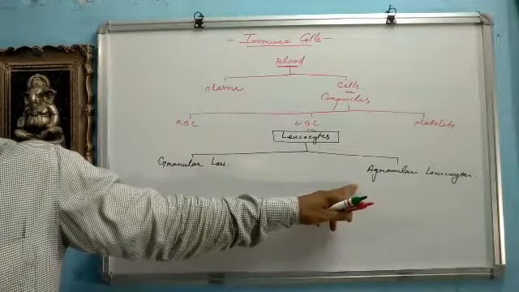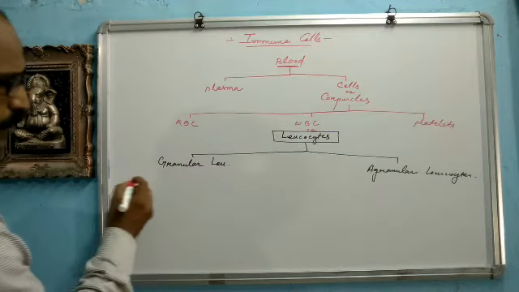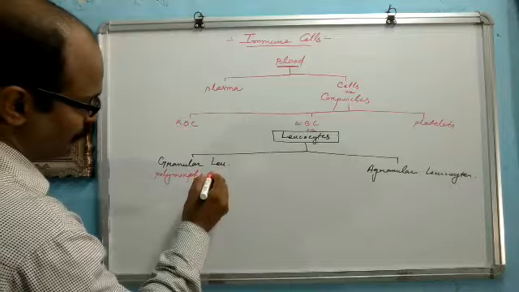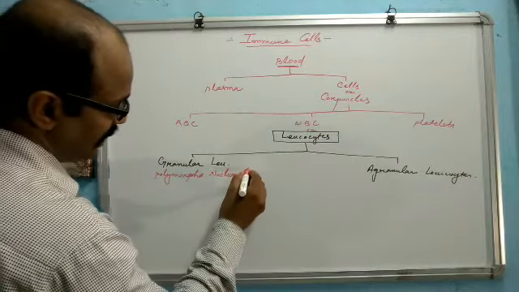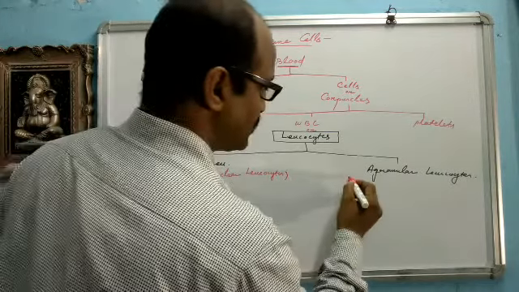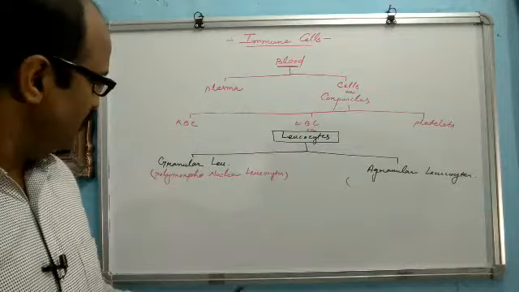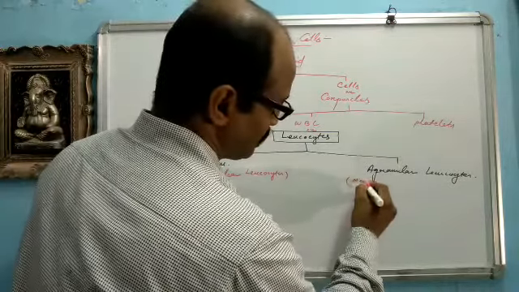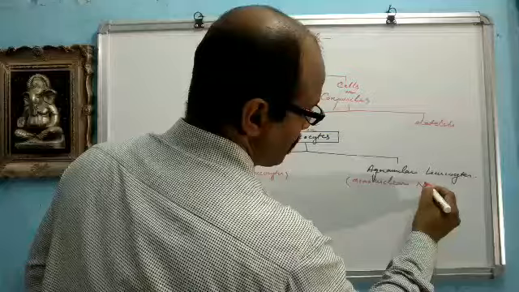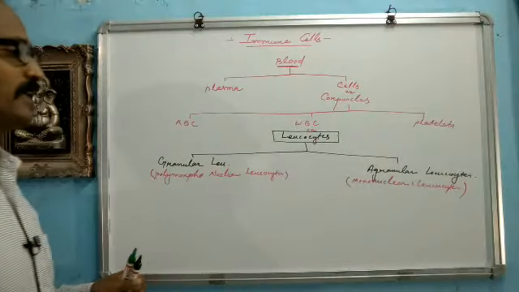Granular leukocytes are also known as polymorphonuclear leukocytes, and agranular leukocytes are known as mononuclear leukocytes.